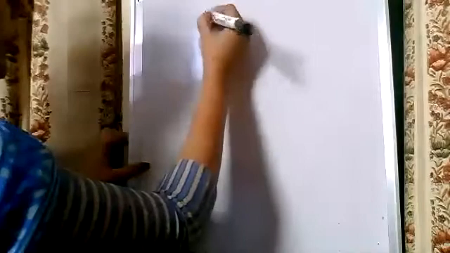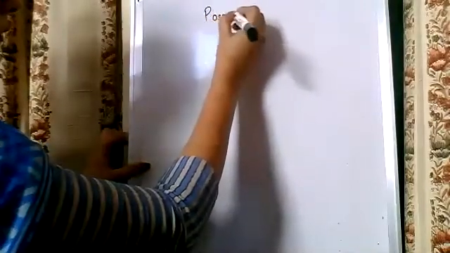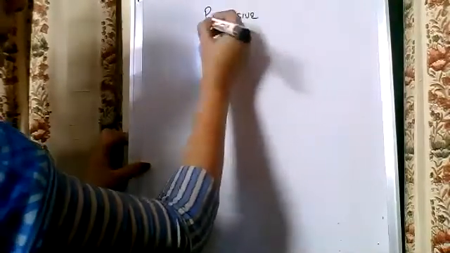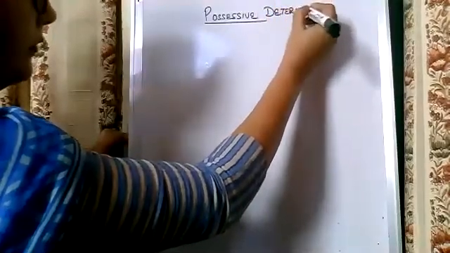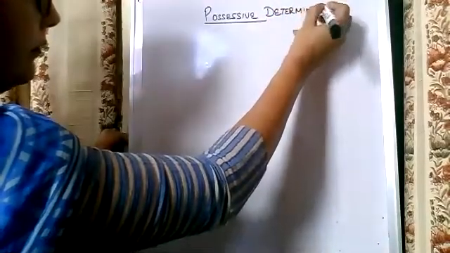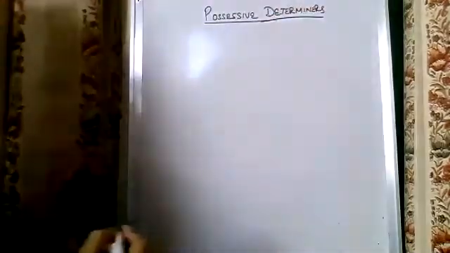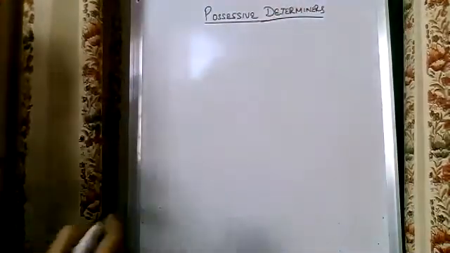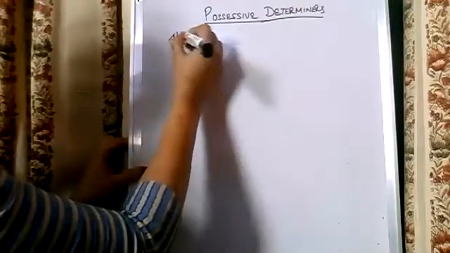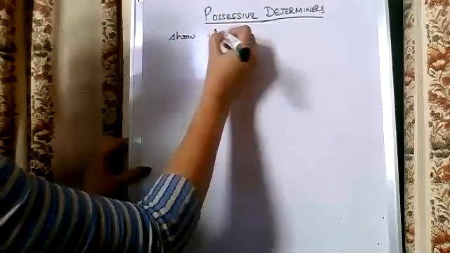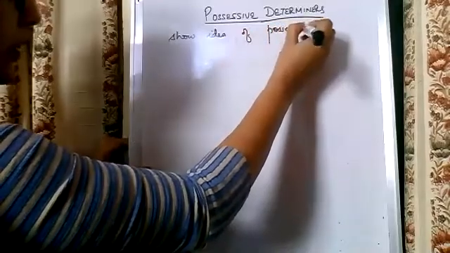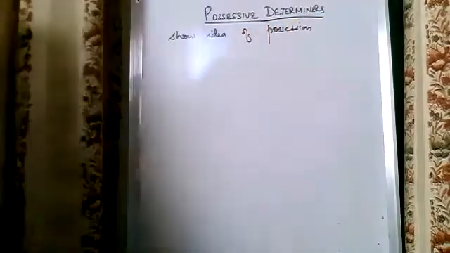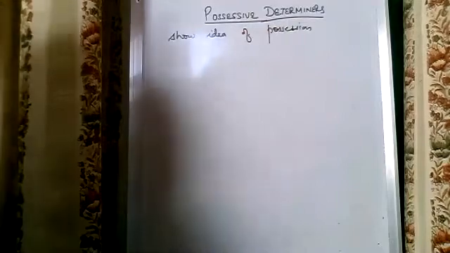Now what are possessive determiners? As the name indicates, they show the idea of possession, that this is my pen, this is your notebook. Okay, right? This is their house.